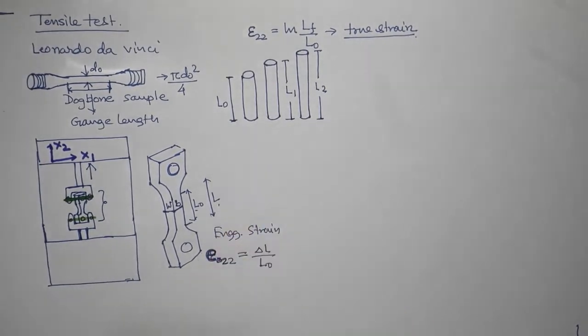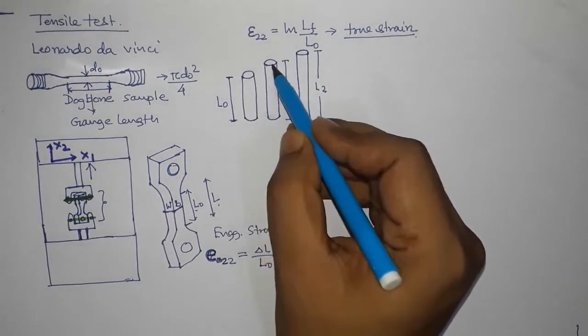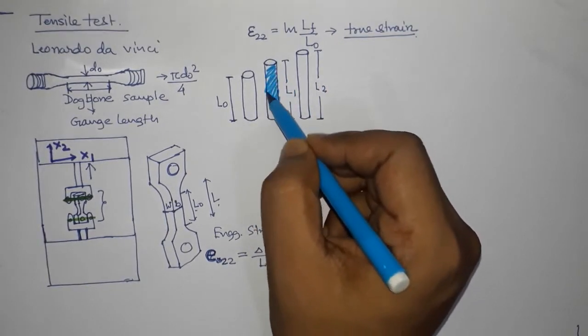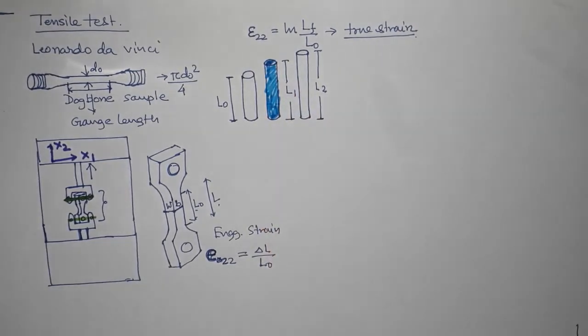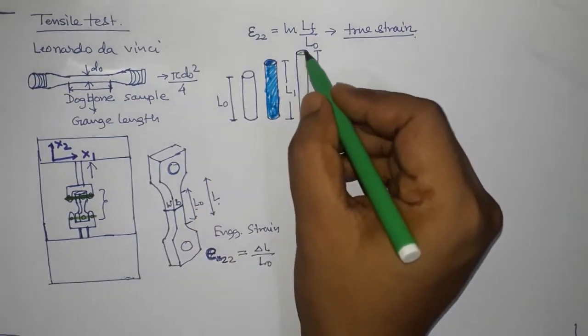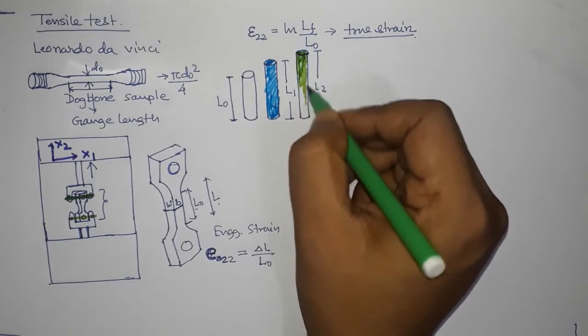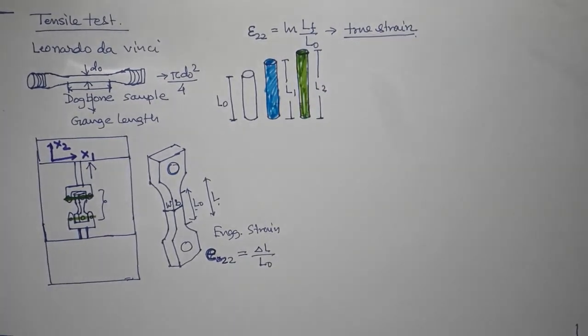So let me make some differentiation here so that you can visualize that. This was the initial condition, this is after the first deformation when the length changes from L0 to L1, and this is after the second deformation when the length changes from L1 to L2, right?